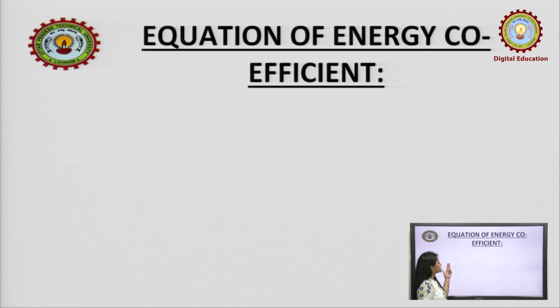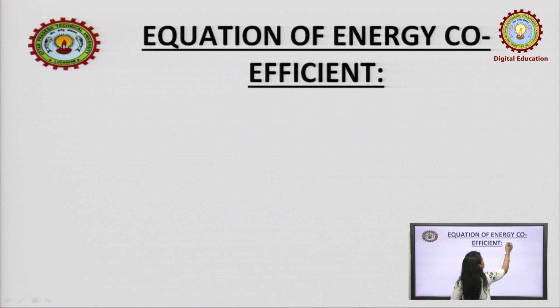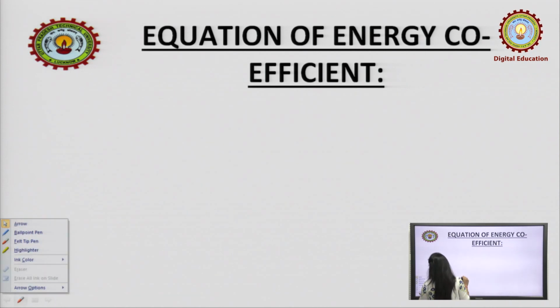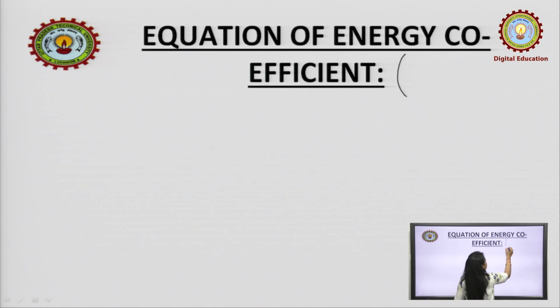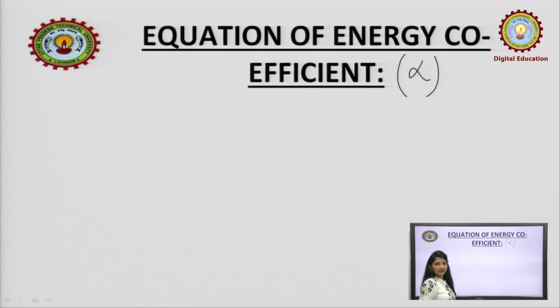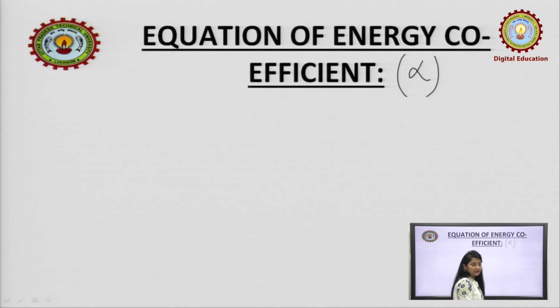So, first moving towards the energy coefficient, it is represented by alpha. We can calculate alpha, the correction factor, for the difference between the actual velocity and the kinetic energy involved in it.